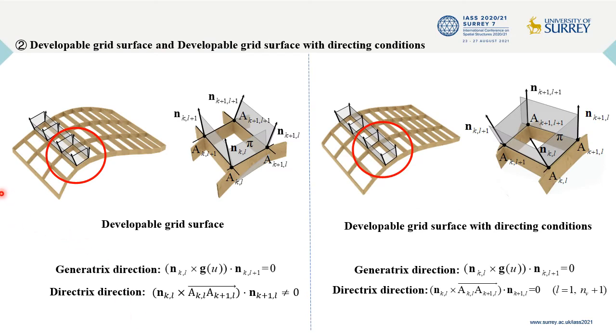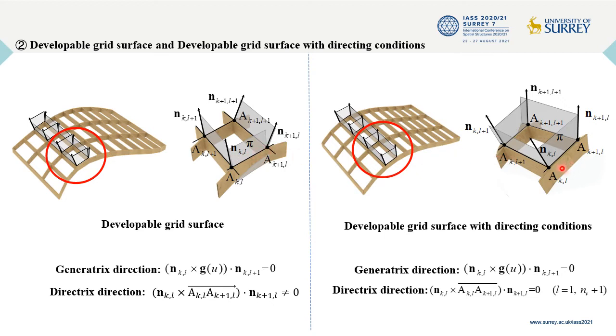Then is about the developable grid surface. The developable grid surface shown in this figure only satisfies the developability conditions. So distortion of the plate components in the generatrix direction can be avoided, but the normal vectors in the directrix direction are still not guaranteed to be coplanar.